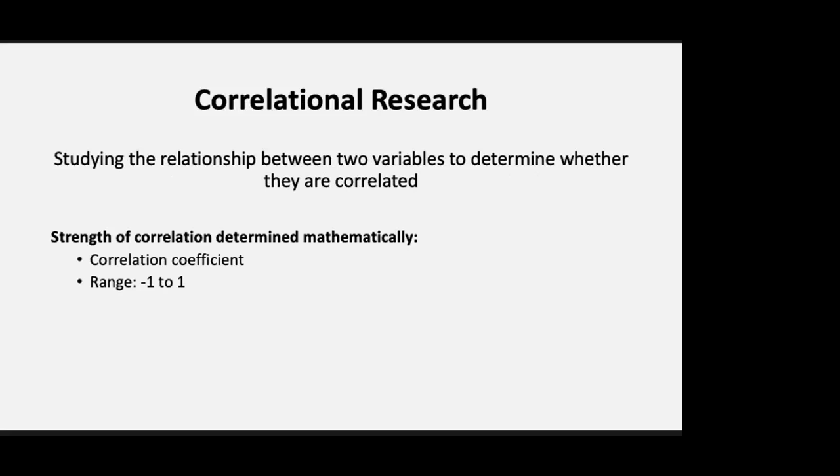So if it's a positive correlation, a +1, that means that both of the variables go together, essentially. They both change in the same direction, right? So that's a positive correlation. Either they both increase, as one goes up the other also goes up, or they both decrease.